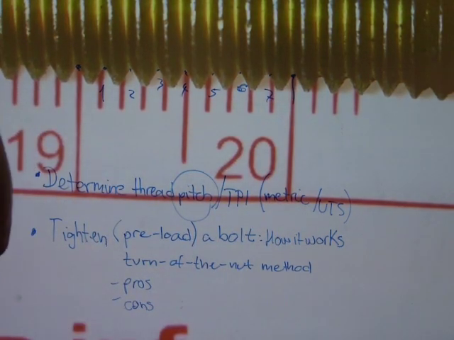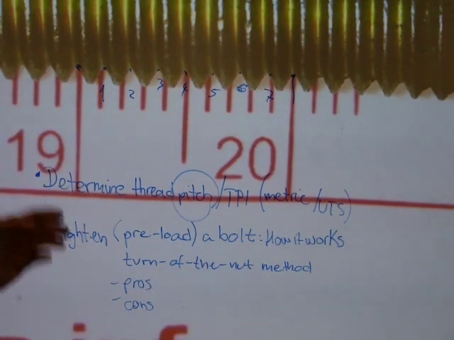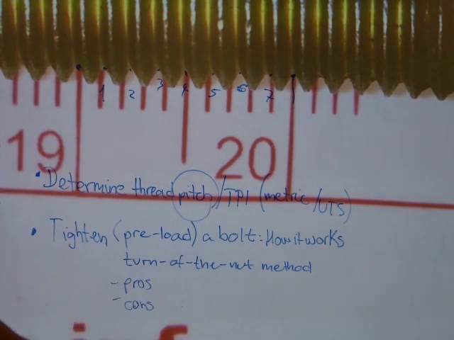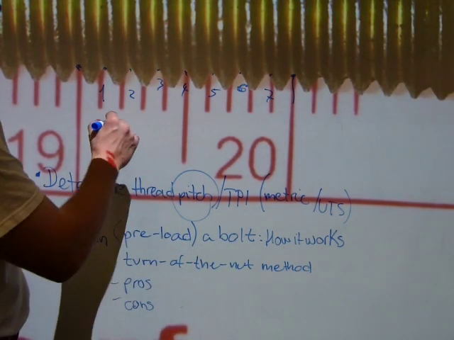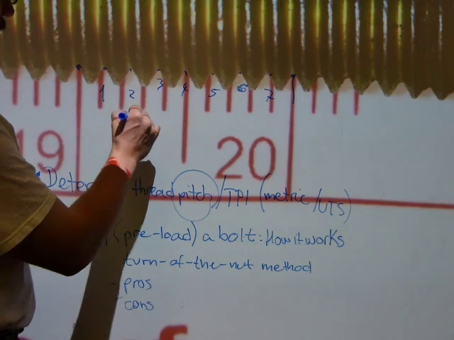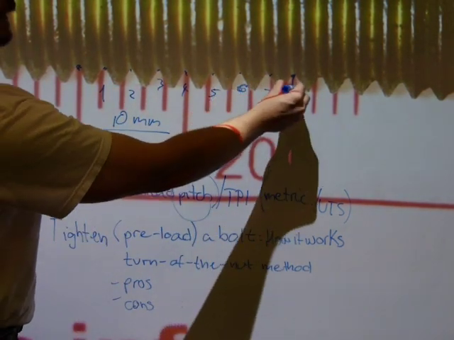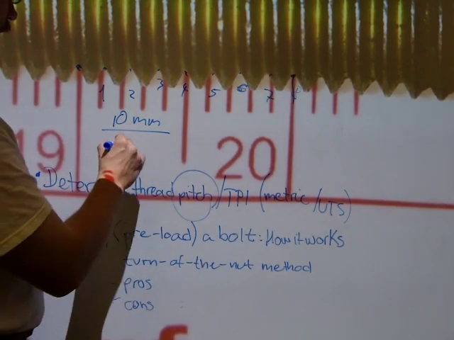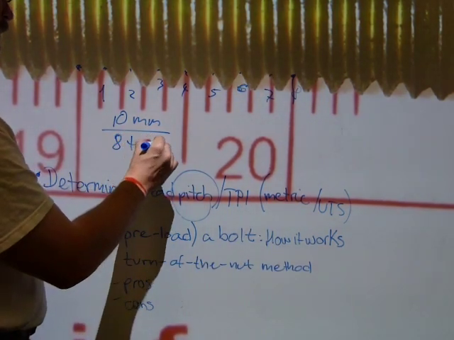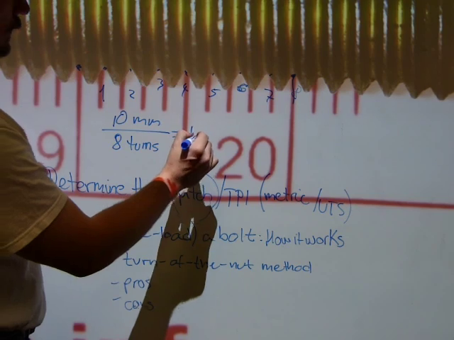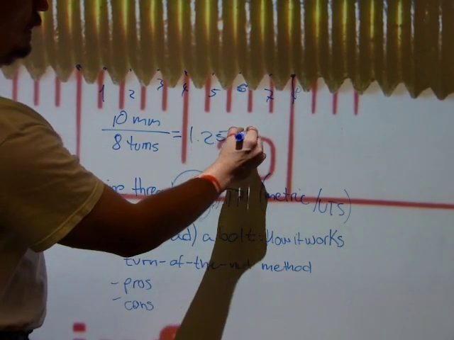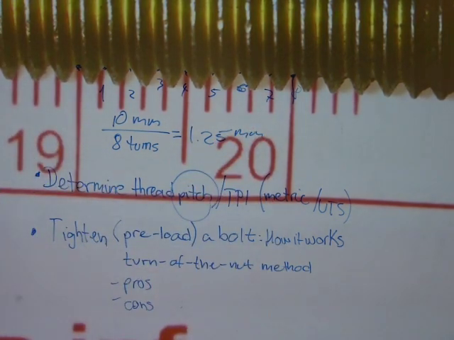Yes, it does check out. The 8th root lines up with another multiple of 5 millimeters. So we have a total distance of 10 millimeters, and exactly 8 turns, and that gives us a pitch of 1.25 millimeters. So on this one, the pitch is 1.25.